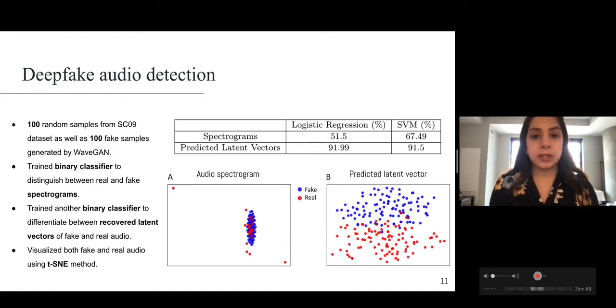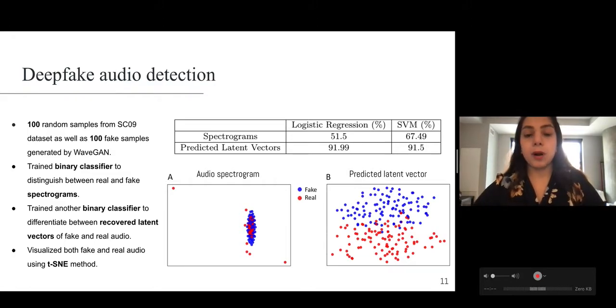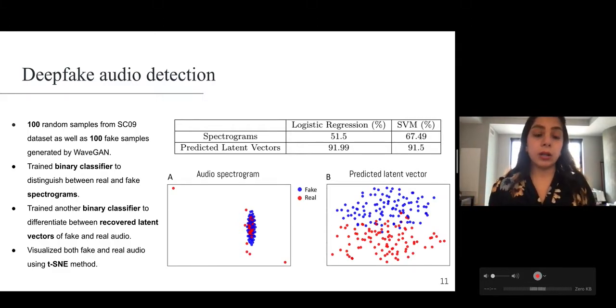We also observed that recovering a latent vector from a fake audio is a much simpler problem than recovering audio from real audio. The reason is that for fake audio, we have the ground truth latent vector, and therefore we are able to compute the z-loss.